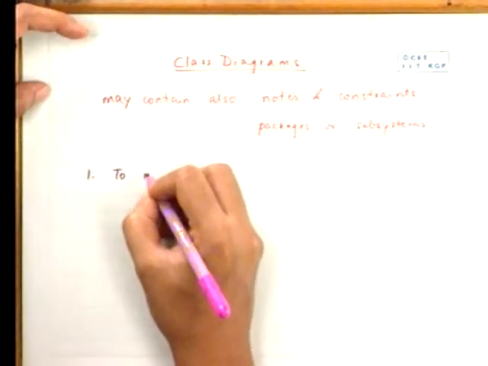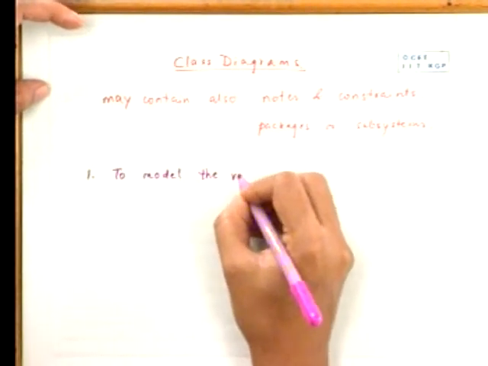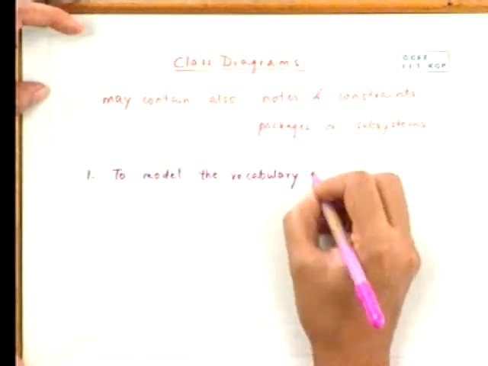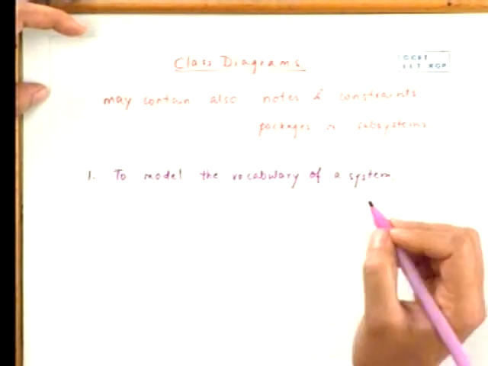And there are three applications of class diagrams. There are three cases in which we commonly use class diagrams. These are, number one, to model the vocabulary of a system. We have already discussed this while discussing OMT. But a class diagram can also be used for several other purposes.